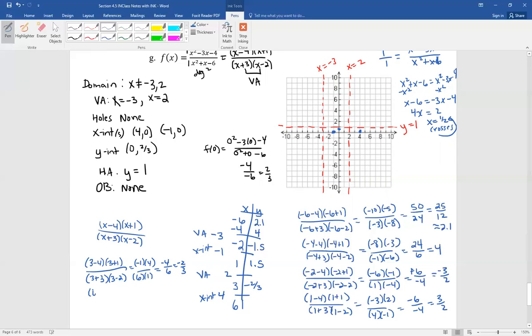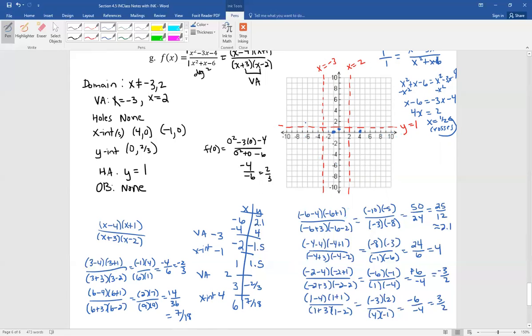And then the last one is 6 minus 4, 6 plus 1, 6 plus 3, 6 minus 2. So this is 2 times 7 over 9 times 4. That is 14 over 36, which reduces to 7 over 18. So again, we're going to be below the line y equals 1. We're not actually crossing it there.